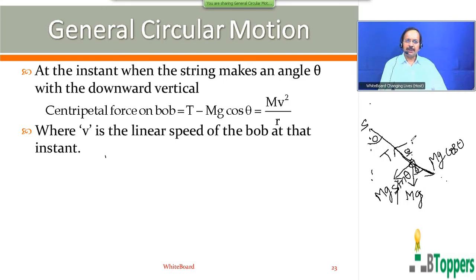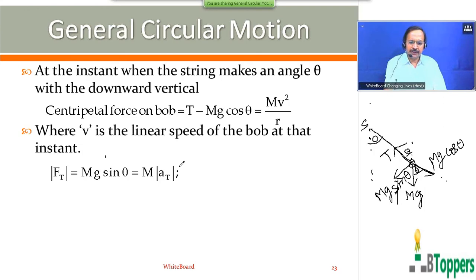Here v is the linear speed of the bob at that particular instant when the string makes an angle theta with the downward vertical. At the instant shown in the figure, the magnitude of the tangential force on the bob is equal to mg sin theta.